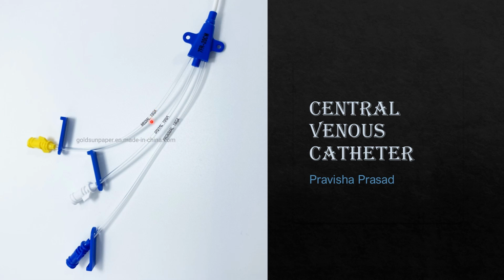Then the next one is the medial port and it is 18 gauge. So this one is specifically used for TPN administration. If your patient does not have any TPN administration, you can use this port for the usual medications.